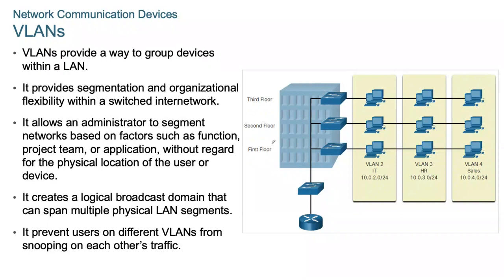Like the IT group in floor 1, suppose your HR group in floor 2, and in floor 3 suppose the sales group. So VLANs allow an administrator to segment the network based on factors such as functions, projects, teams, or applications, like IT, HR, and sales.